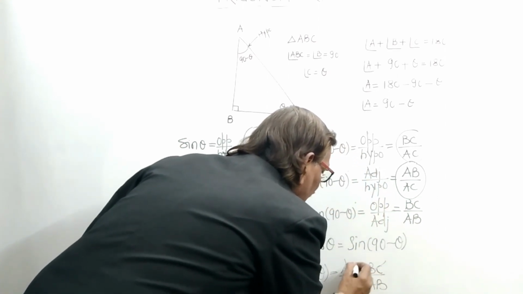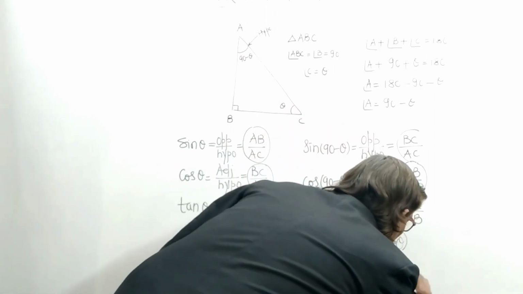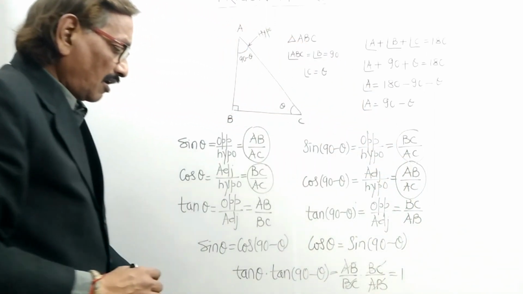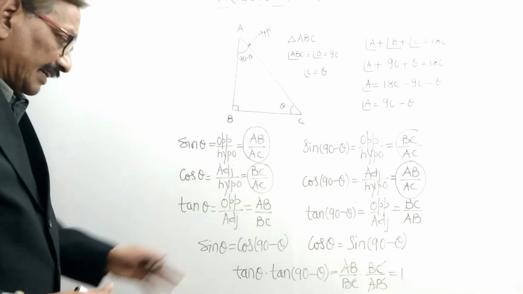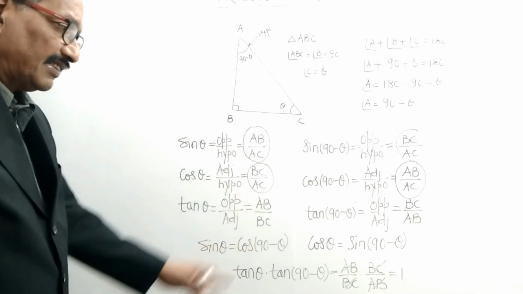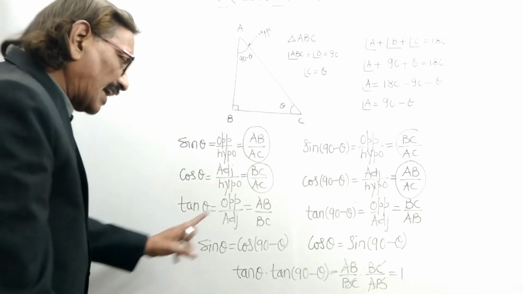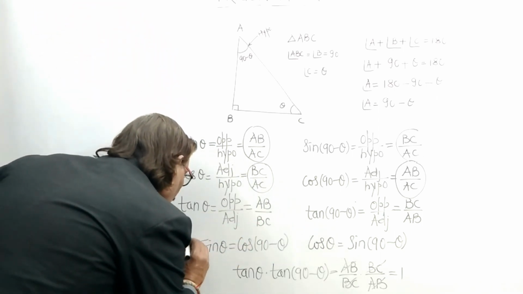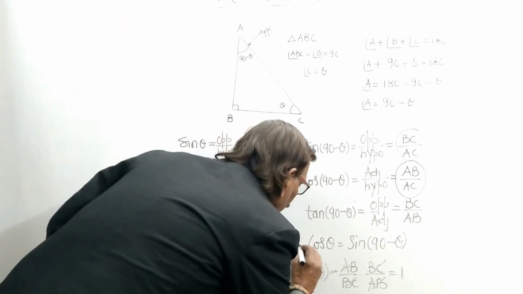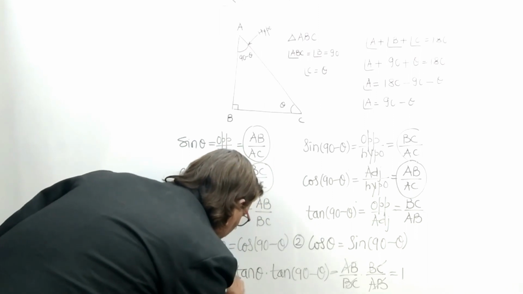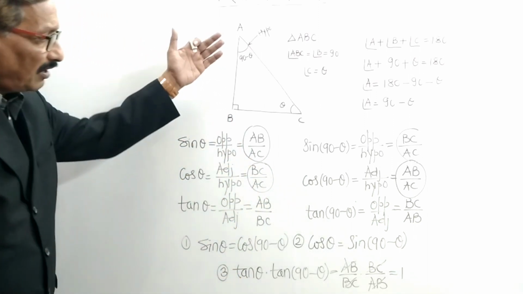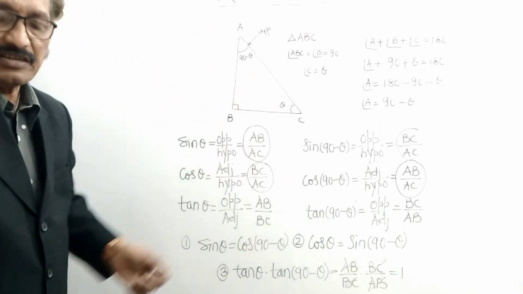This cancels itself and you get the answer 1. We can say tan theta into tan 90 minus theta is equal to 1. So these are 1, 2 and 3 conclusions depending on the things that we have considered.